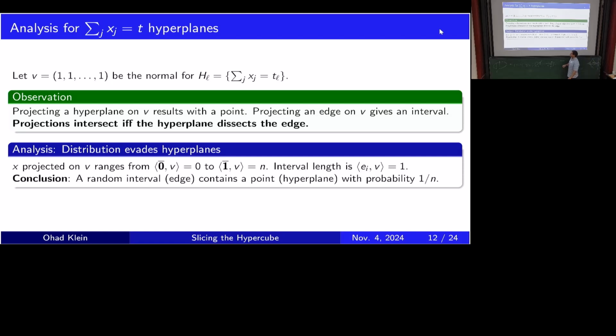Now, because the hyperplane is just a single point in this range, we must use at least n points in order to capture all intervals that go in these n options. Okay, so this is just a toy case where all the hyperplanes are parallel.